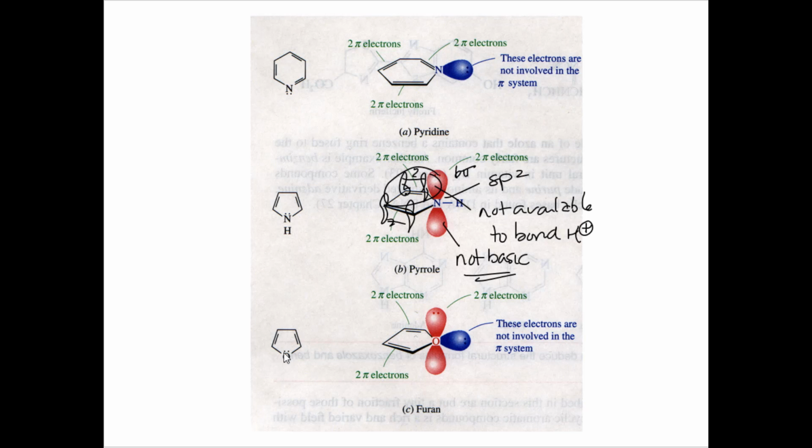So if we go with furan, which we saw with Diels-Alders, we could use that molecule in a Diels-Alder reaction. Oxygen is basically the same. It could say, well, I could do sp3 or I could do sp2. So it consults with the rest of the molecule and says, well, you know, we've got 4 pi electrons.